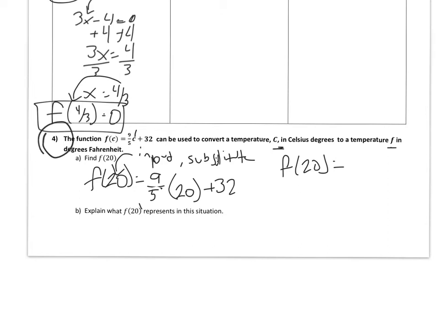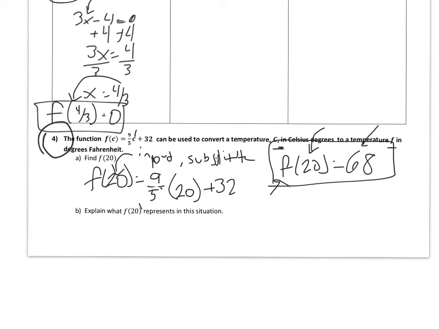Okay, so 9/5 times 20, and then add 32, and we get 68. Okay, multiplied 9/5 times 20 first, and then added 32. And this is our function notation. We inputted 20 into our function f, which gives us Fahrenheit out, and we get out 68 degrees Fahrenheit.